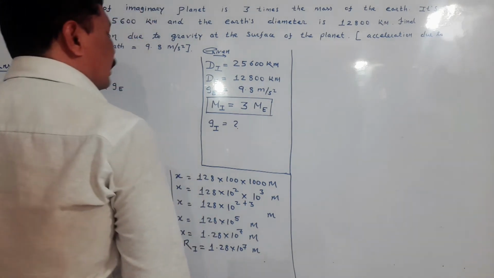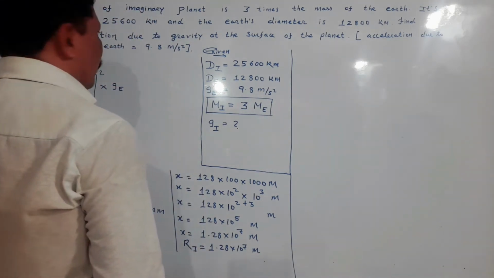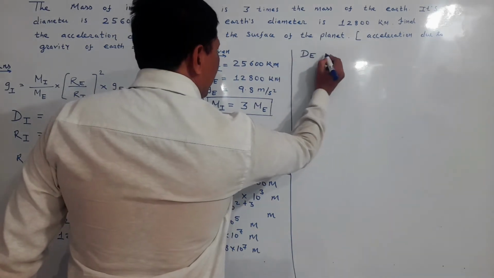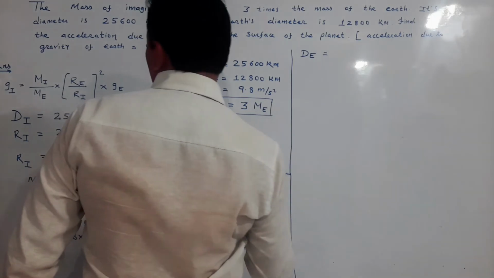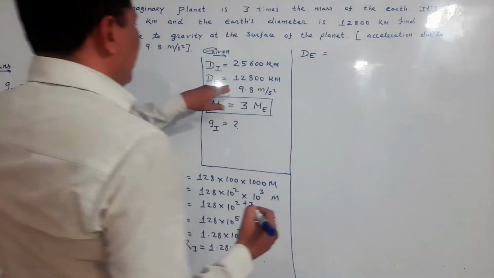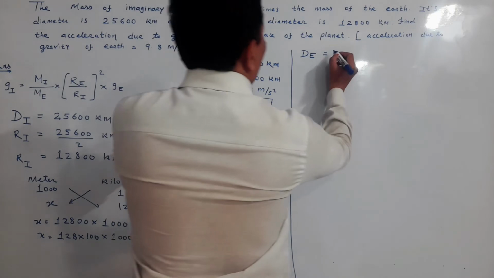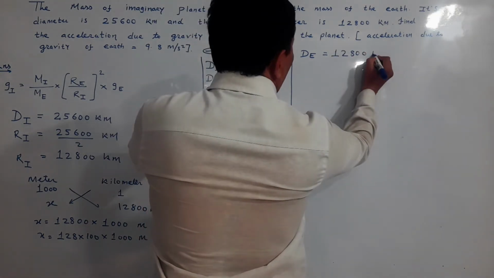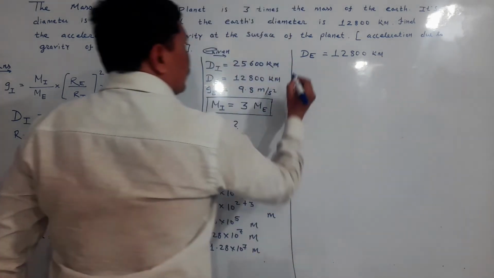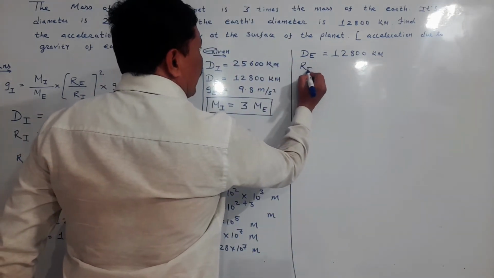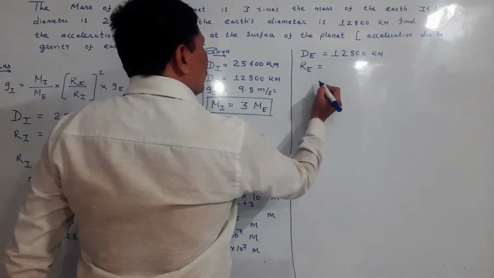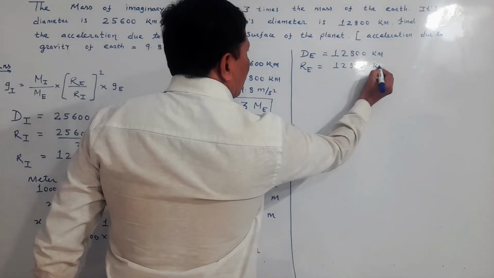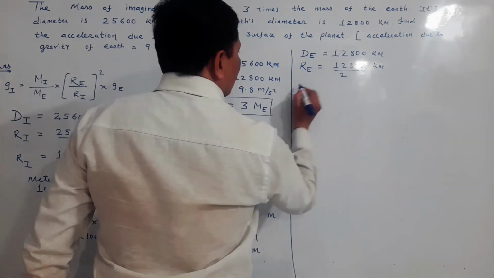Let's find the radius of Earth. DE, that is the diameter of Earth, is given, and DE is equal to 12800 kilometer. From DE we can find RE. So RE, the radius of Earth, will become 12800 kilometer divided by 2.